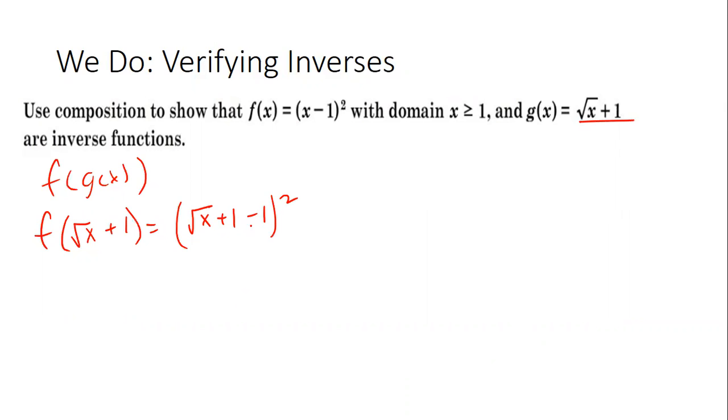What happens to my 1s? They cancel. And we're left with the square root of x squared. What does the square do to the root? Cancels it. It's the key that sets it free. All right, that side checked out.